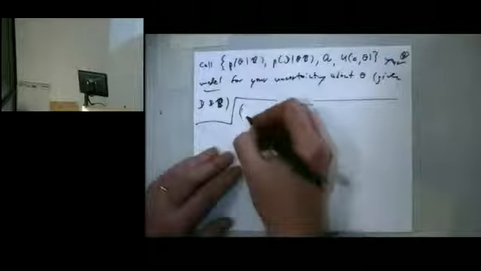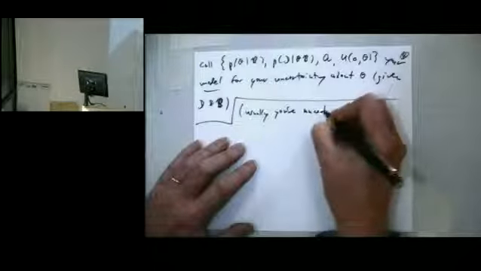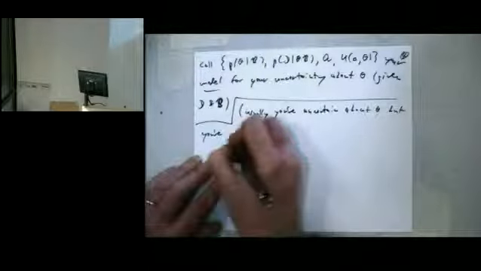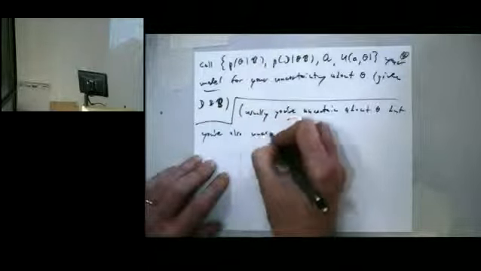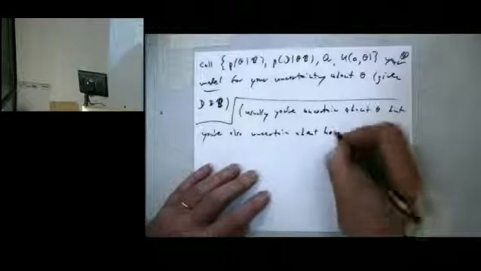And right now, let's put in parentheses, usually you're uncertain about theta, but you're also uncertain about how to specify your uncertainty about theta. It's a kind of second order uncertainty.